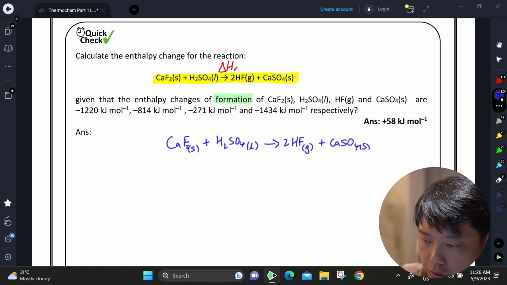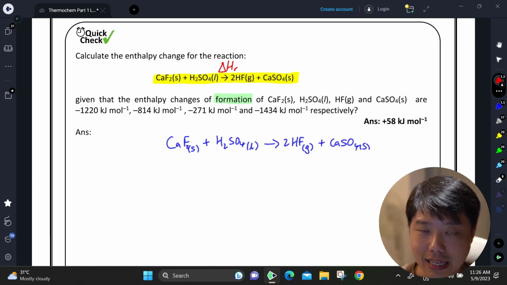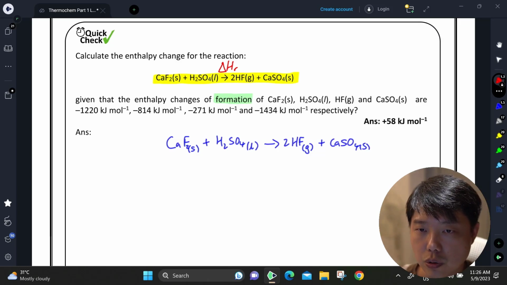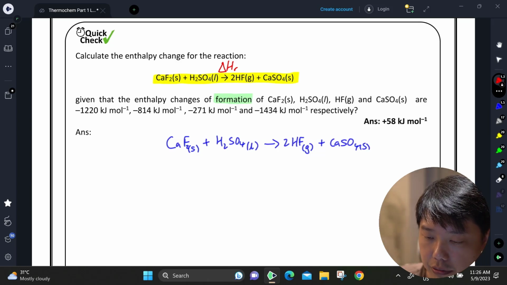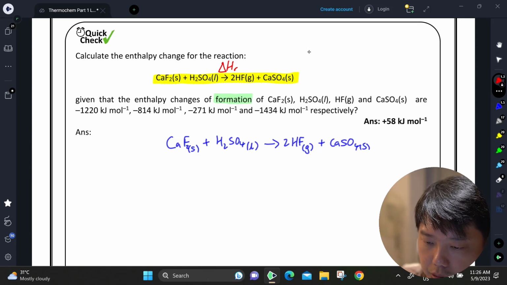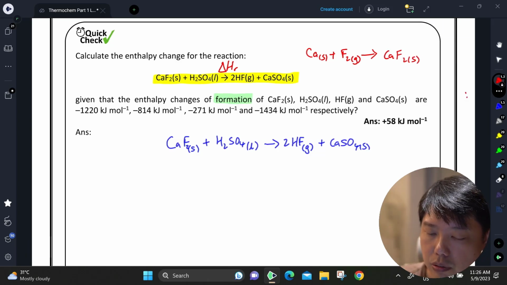Okay, so remember each one of the enthalpy changes is actually a standalone equation by itself. If I were to write the equation for formation of calcium fluoride, for example, it will be calcium solid plus fluorine gas to give you 1 mole of calcium fluoride.